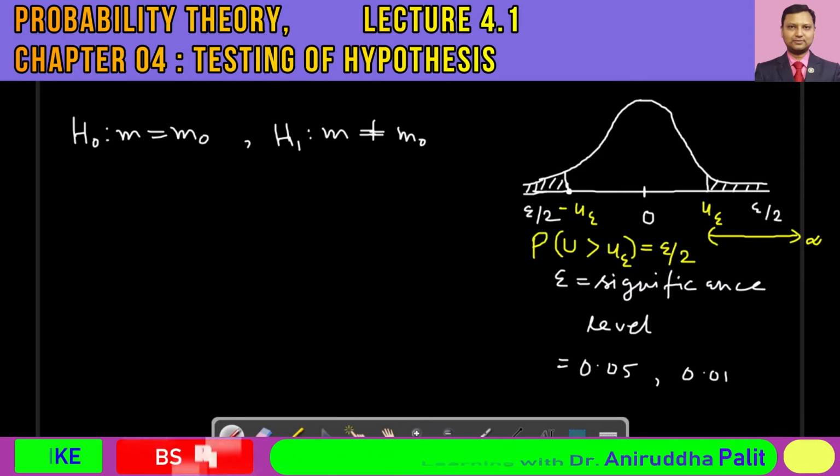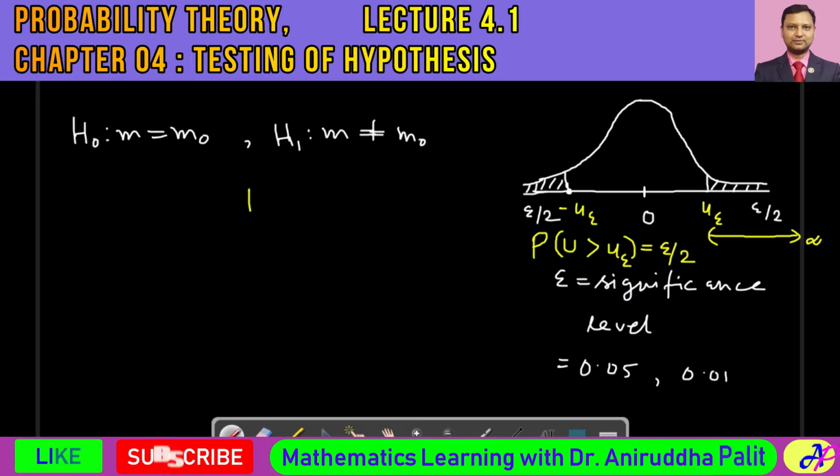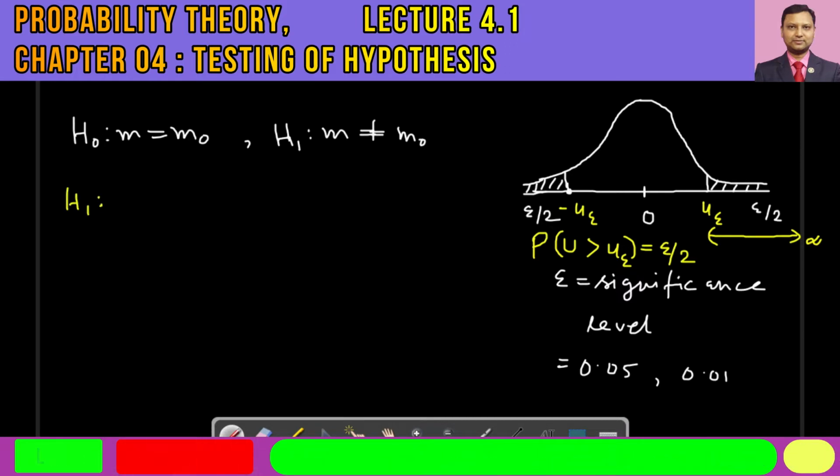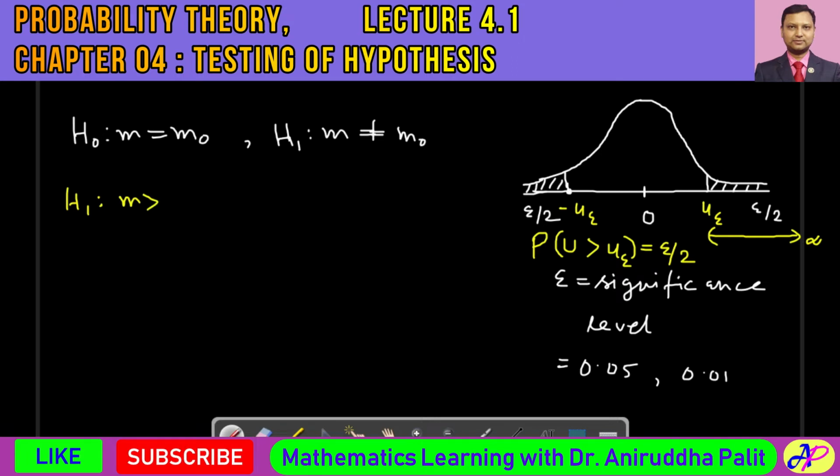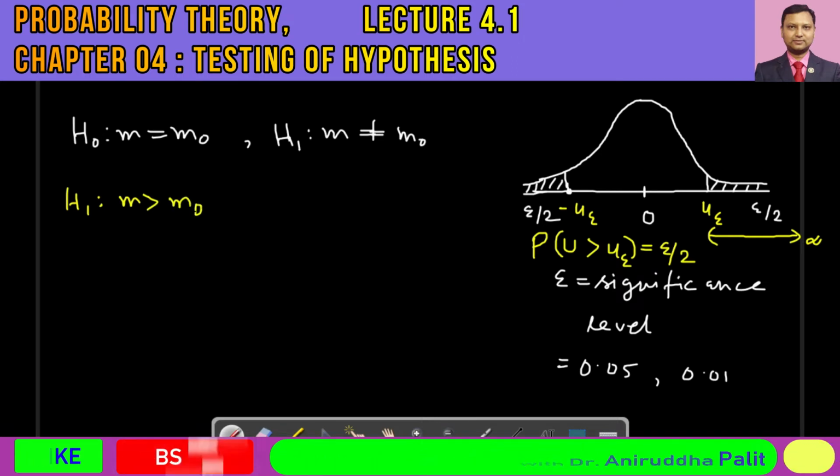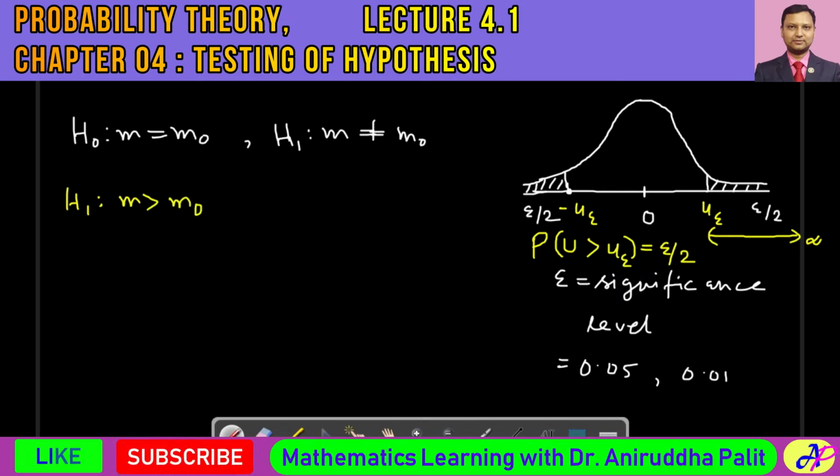But if the alternative hypothesis is written in this fashion, H1, where m is not equal to m0, it depends upon the question how to choose the alternative hypothesis. I shall discuss one or two examples on this type of problem.